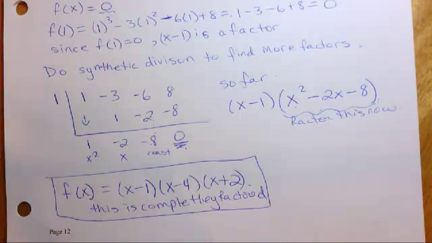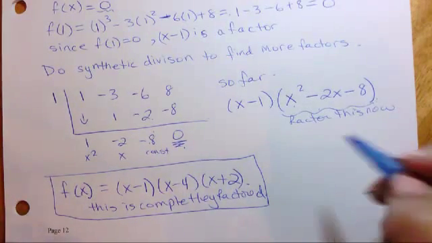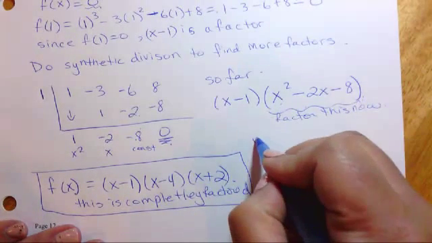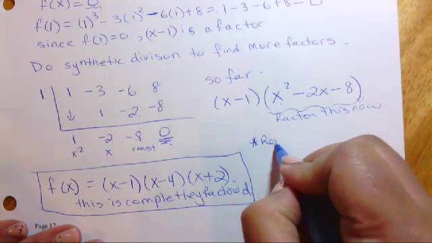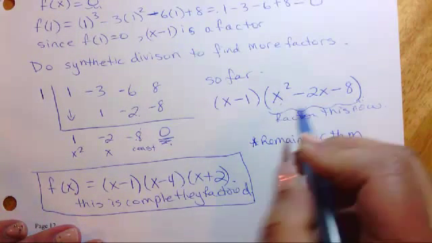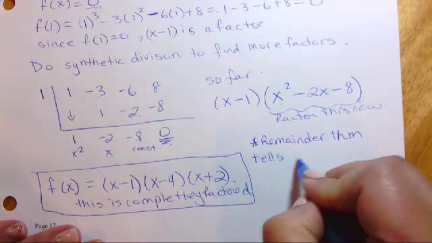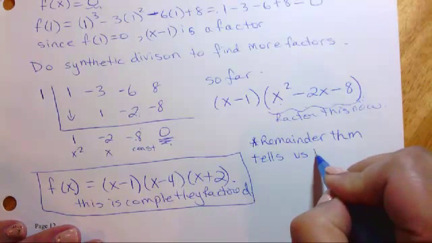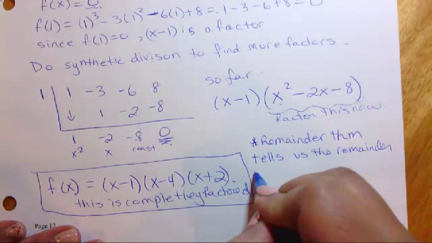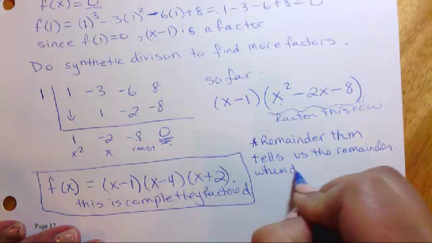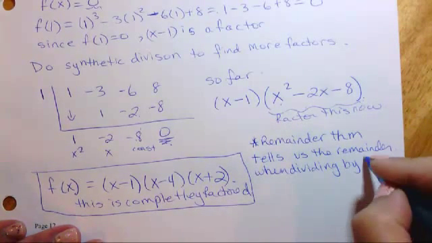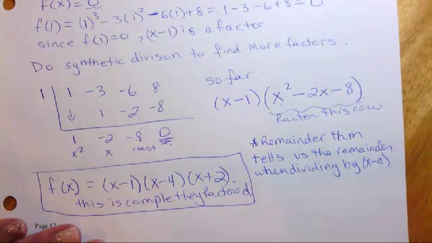Okay. Now, just a little aside and a little reminder. If I were to look at the remainder theorem, what does the remainder theorem do? The remainder theorem tells us the remainder when dividing by a specific value x minus a.